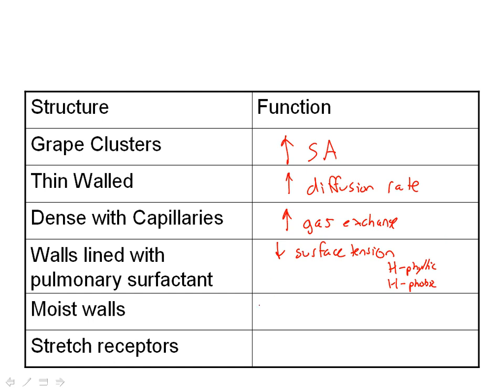And last two, moist walls will help aid in diffusion because something can't diffuse from one area to the next unless there's water there, some sort of solvent. And the last one is stretch receptors to make sure that the air in the lungs doesn't overfill. It prevents overfilling by telling that it's done.